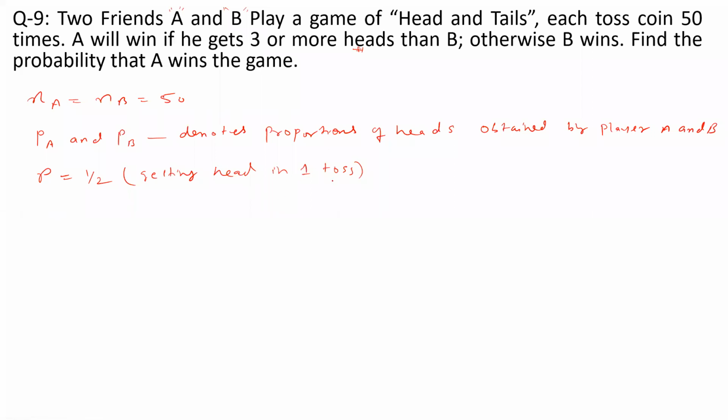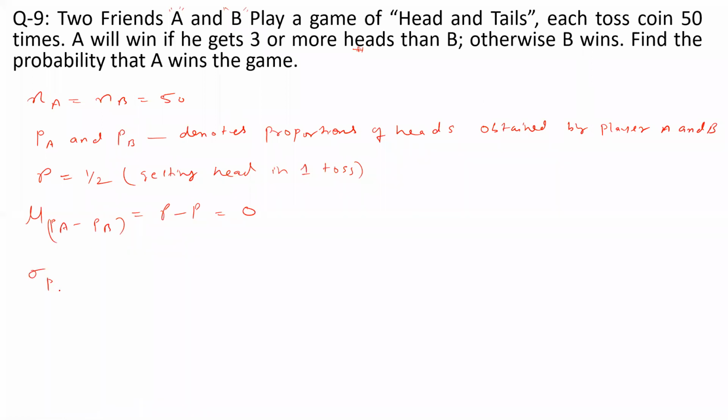So the probability of getting head will be 1 by 2. So by the formula of difference of proportion, we have mean of P_A minus P_B equal to p minus p. Both are 1 by 2, so I have already told that this term always turns out to be 0.